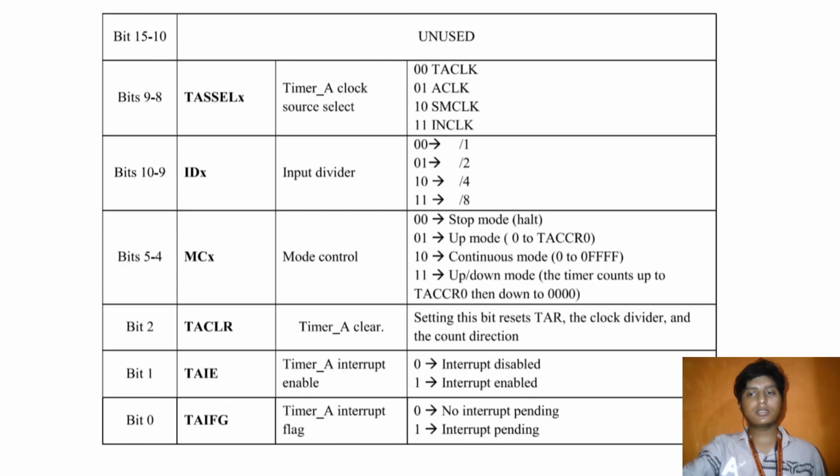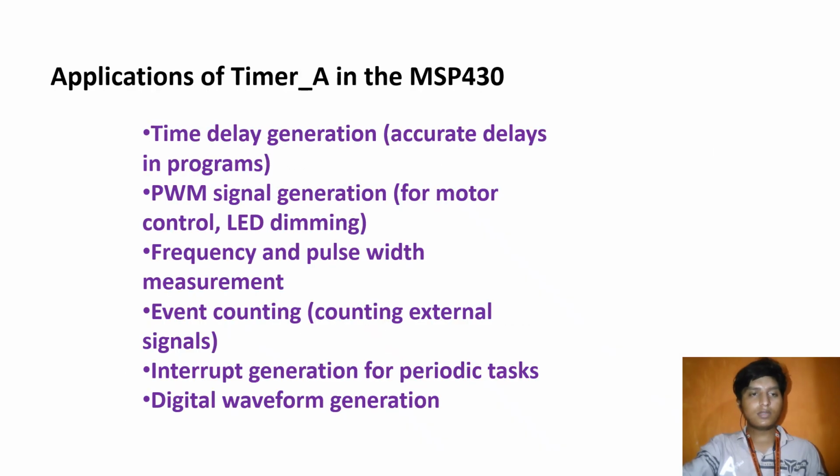We can give the input source to the MSP 430, and we can control the MSP 430 timer A in the timing diagrams: 00, 01, 10, 11. 00 means TACLK, 01 means ACLK, 10 means SMCLK, and 11 is INCLK.